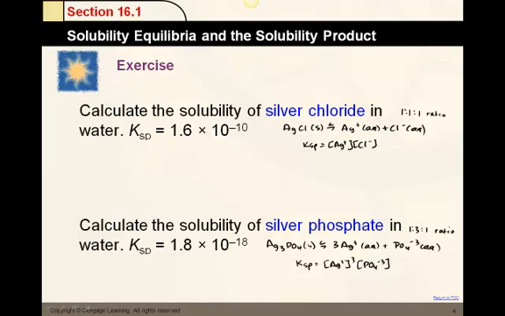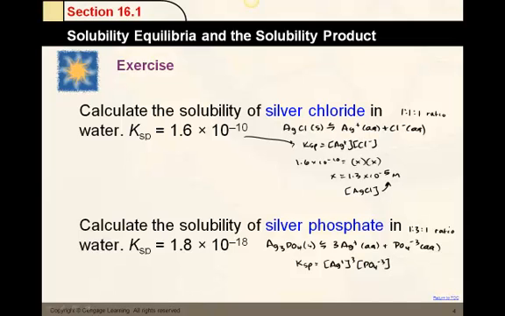So what we're going to do is plug in the KSP value given, and we know the ratio here is 1 to 1. So whatever silver is, so is chloride. So essentially, if you take the square root of 1.6 times 10 to the negative 10, you get 1.3 times 10 to the negative 5 molar. So that's also the concentration of AgCl. That's the maximum concentration it can be and be soluble.